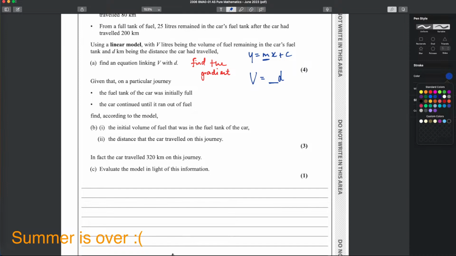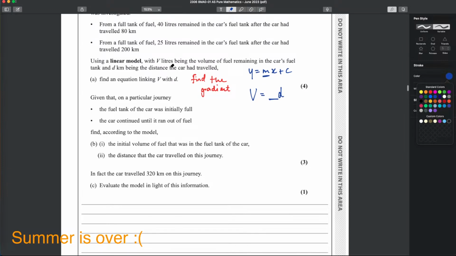So I'm going to do this in the traditional way. So we have 2 points. For part A, I'm going to say we have 2 points: 40, 80 and 25, 200.